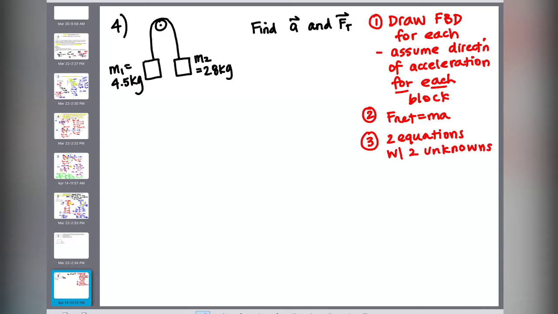Okay, you would use your math. Remember to be legal on your math, right? So do your substitution properly. Make sure, if there's a negative, you be careful of it. And then you solve for the A and the F. Okay, I want you to pause this video right now. Do it on your own and then come back and watch it.